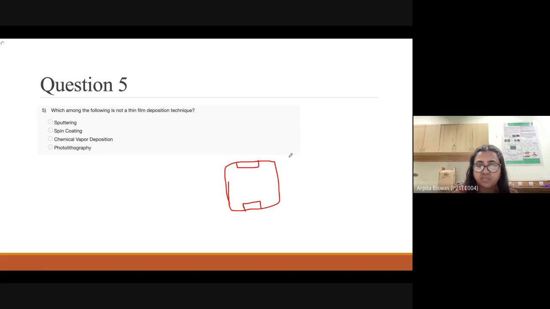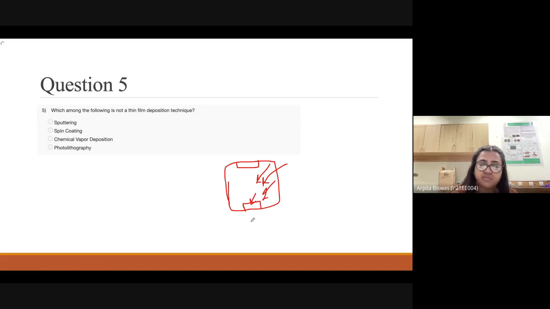So in the closed chamber, with some environment, there is argon in the presence of plasma, and argon bombardment on the target.